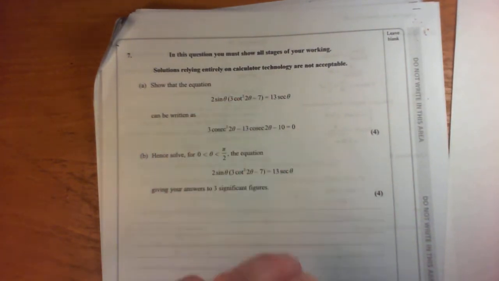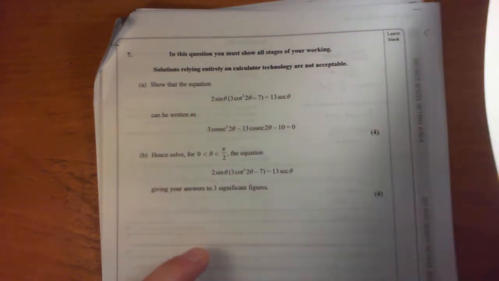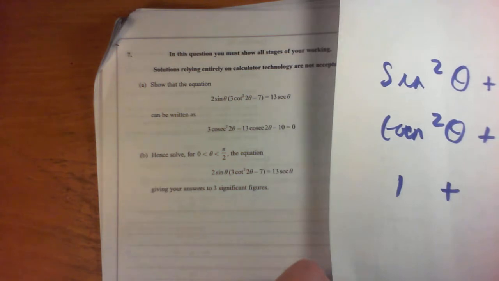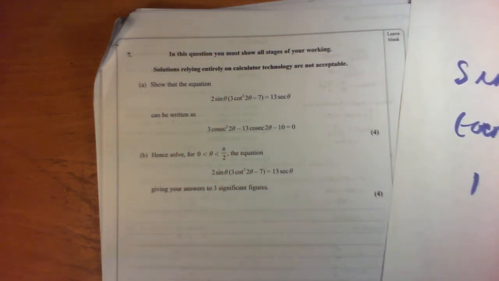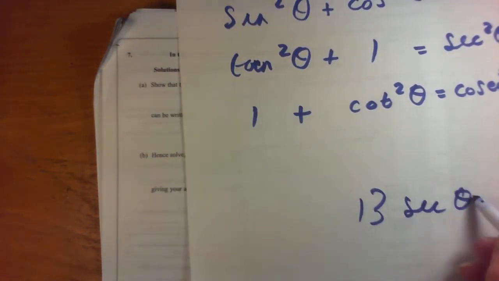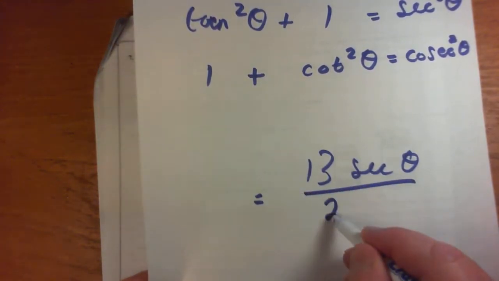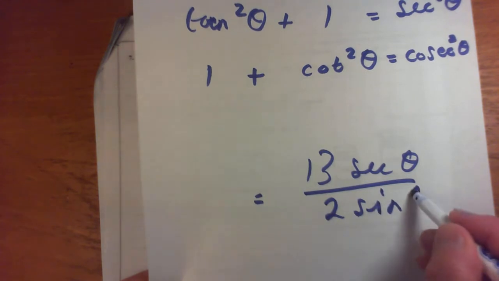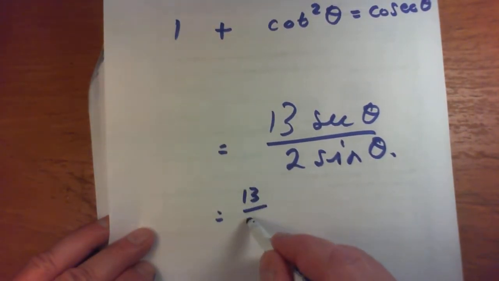Now the only little other bit is that you've got a sine and a cosecant on the left hand side. You keep the bracket, you've sorted the bracket out. On the right hand side you have 13 sec theta, and if I divide through by the 2 sine theta, that equals 13 over 2.